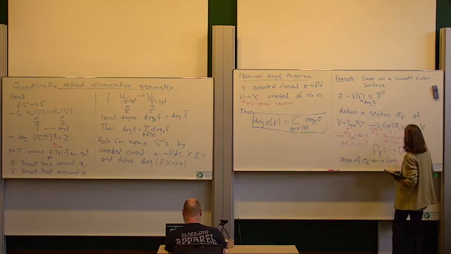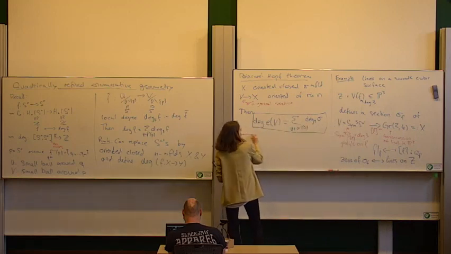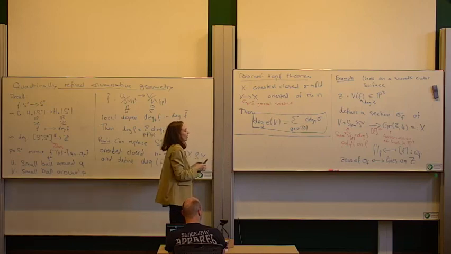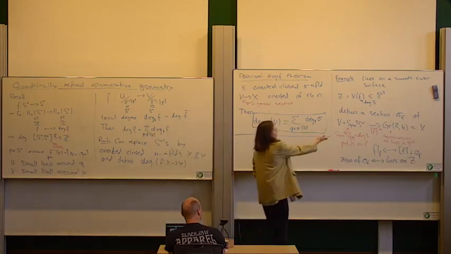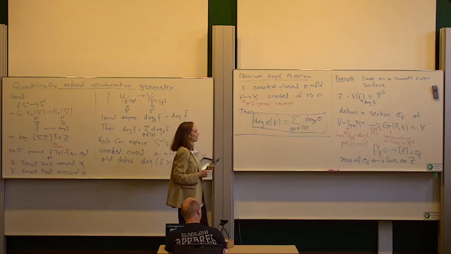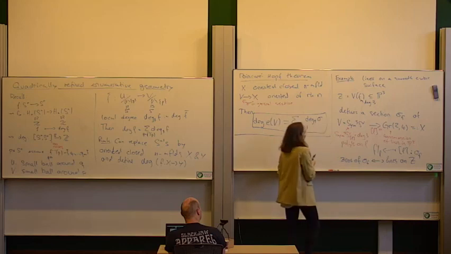And I called it Z. So now, with this restriction, I can translate the problem of counting lines on a cubic surface to counting zeros of this section.